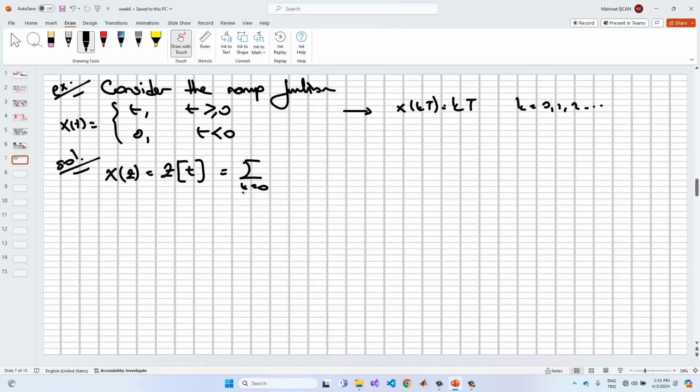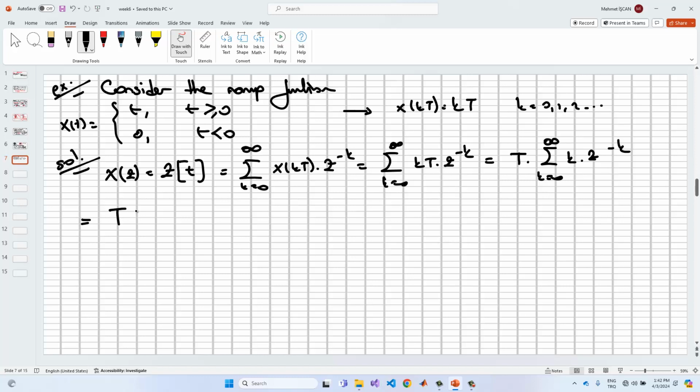The k is greater than 0 up to what? The infinity value of x(kT) times z minus k, and also it's written as to what? The kT z to the minus k. And so this T can be taken outside of the summation because it is not dependent on the k value. Okay, and so the k times z minus k. Okay, and so this is equal to what?